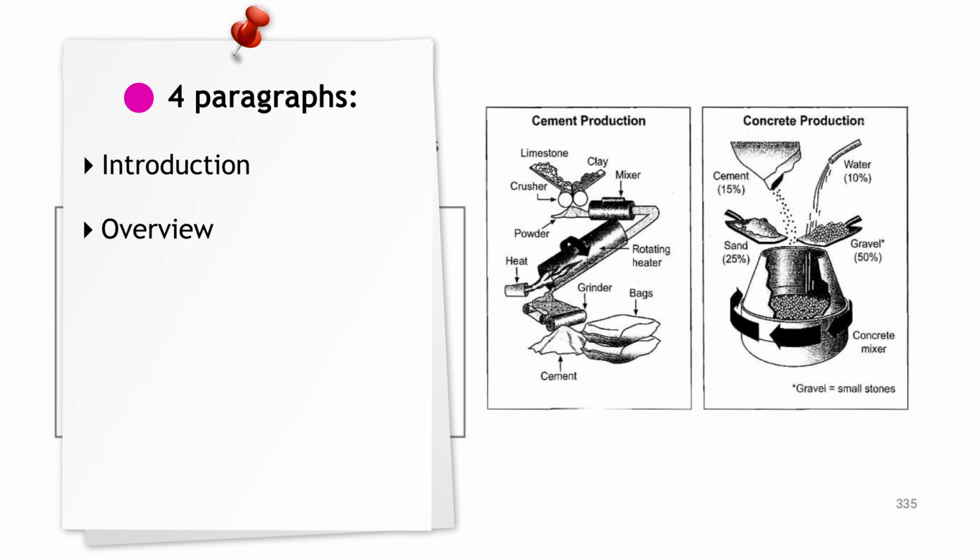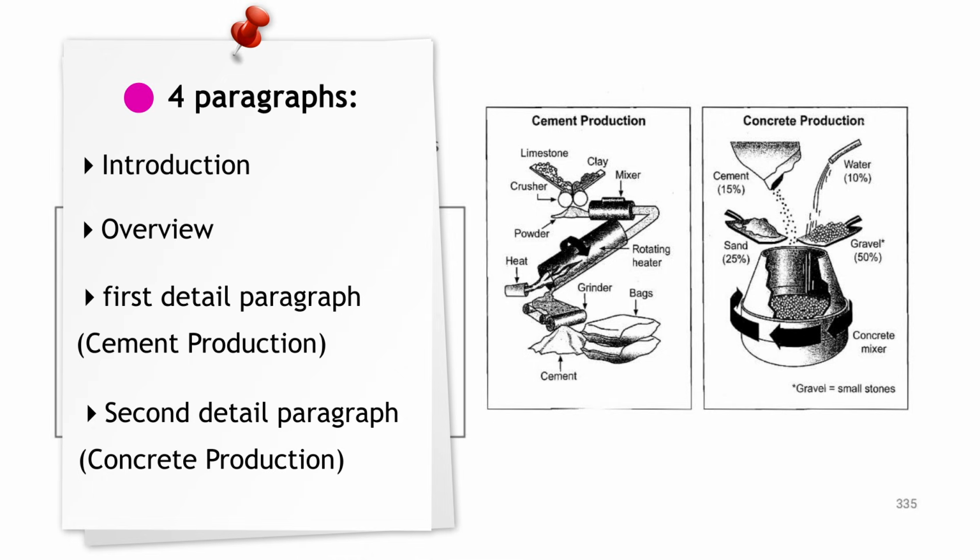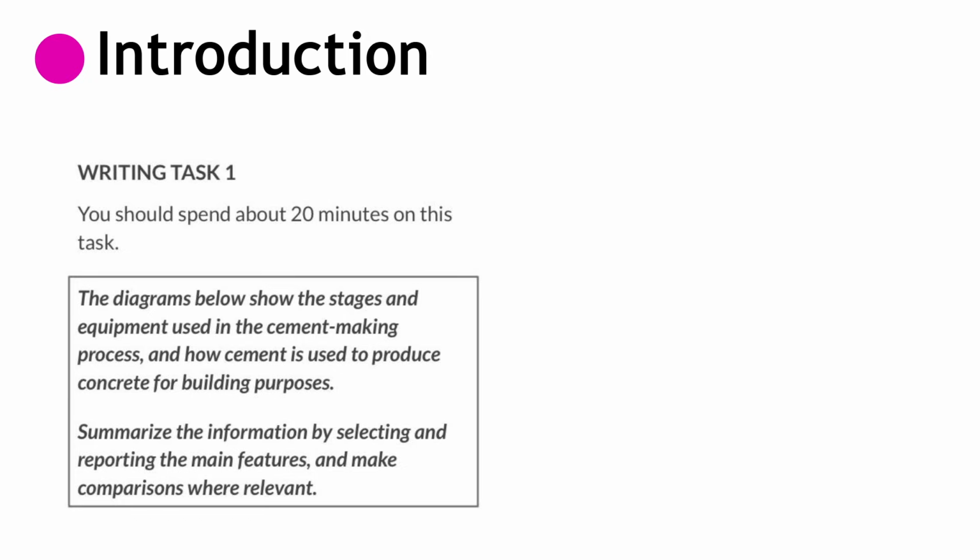And then we're going to write about cement production in the first detailed paragraph and concrete production in the second detailed paragraph. So there are going to be 4 paragraphs in this report.